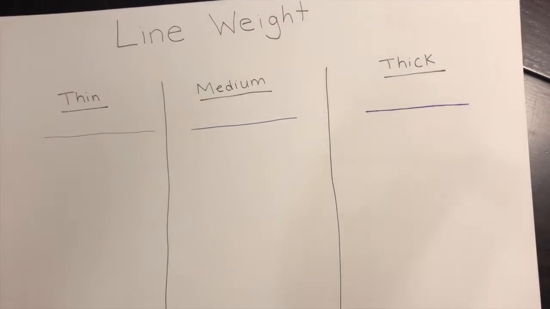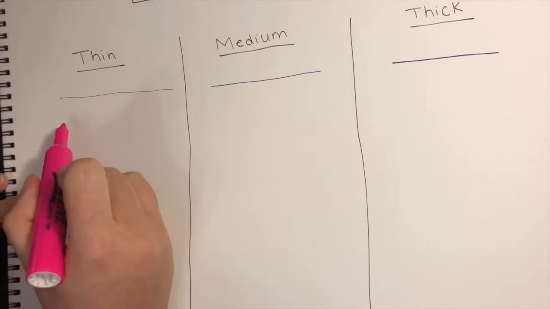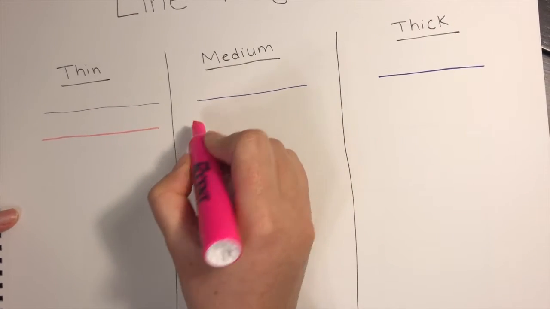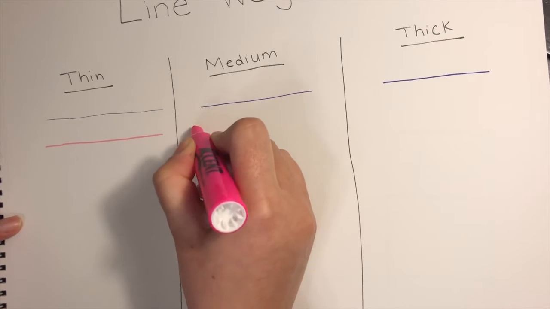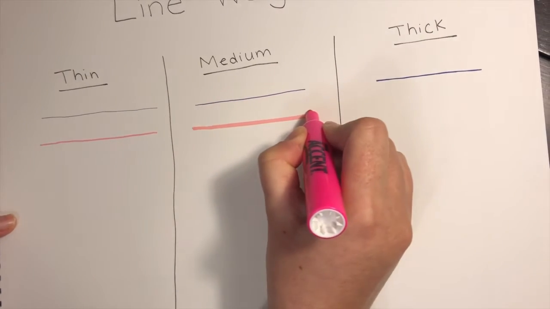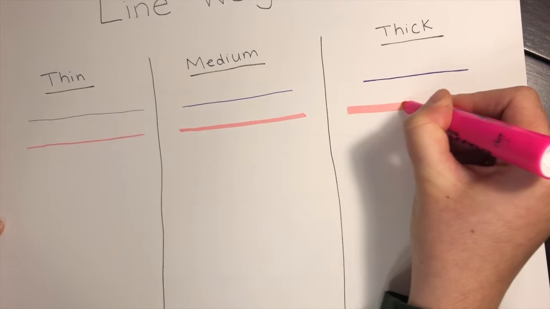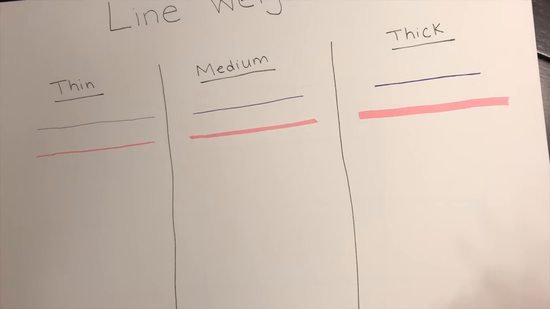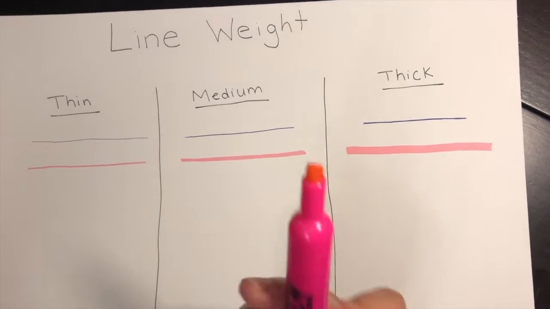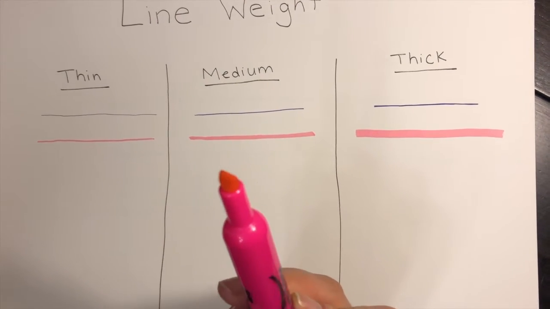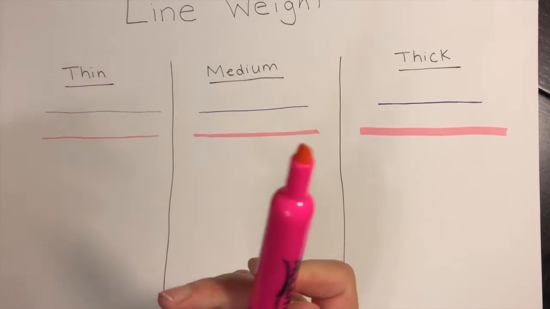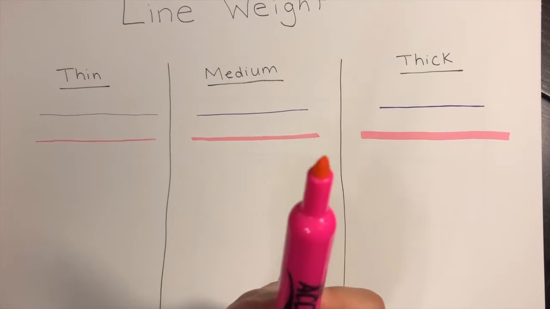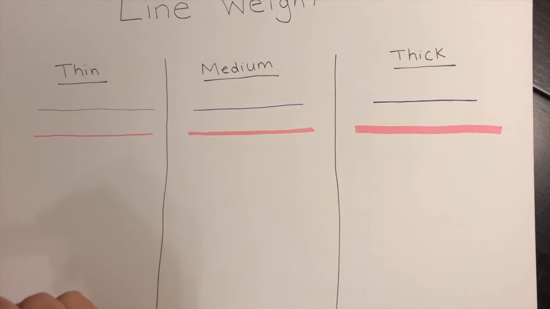For example, I had a highlighter, so here's my thin highlighter line, and here's my regular highlighter line, and a thick highlighter line. Now, most highlighters are pretty good at creating thin, medium, and thick lines, especially if they're a chisel tip highlighter. So you can use the point, you can use the side, you can pretty much use any part of the highlighter point to draw a line.